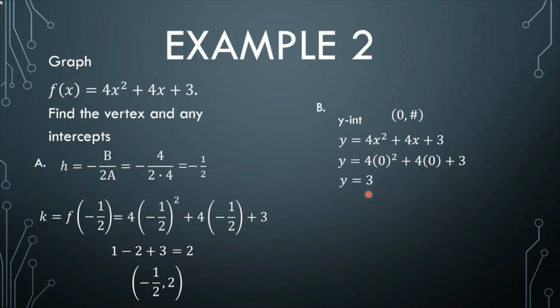So y equals 3. So the y-intercept would be 0, comma 3. And these all give us very good points to use when it comes to graphing a parabola or a quadratic function.